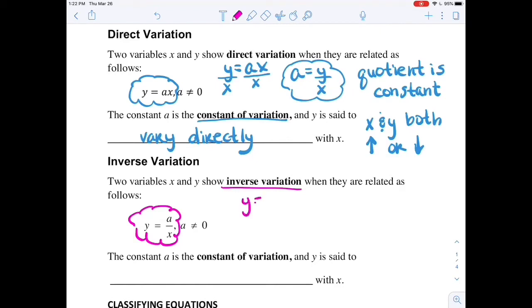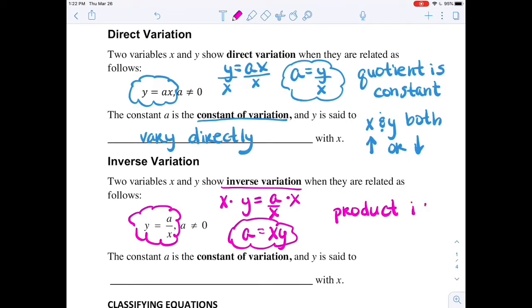So if we have y is equal to a over x, in order to get a by itself, we would need to multiply both sides by x, and we would get that a is equal to x times y. So notice in this case, what's constant is a product of x and y. So multiplying x and y gives us a constant value of a.